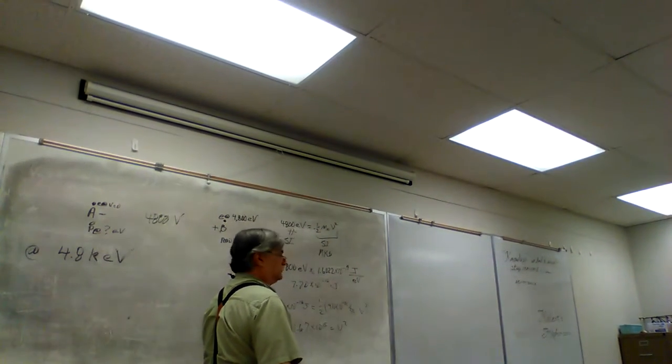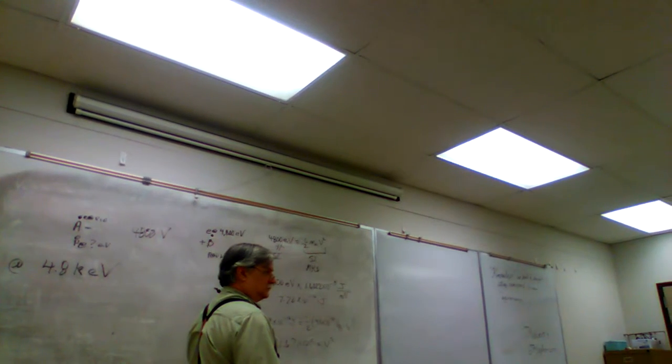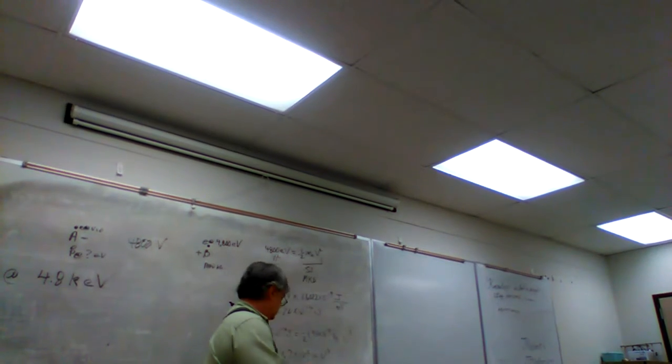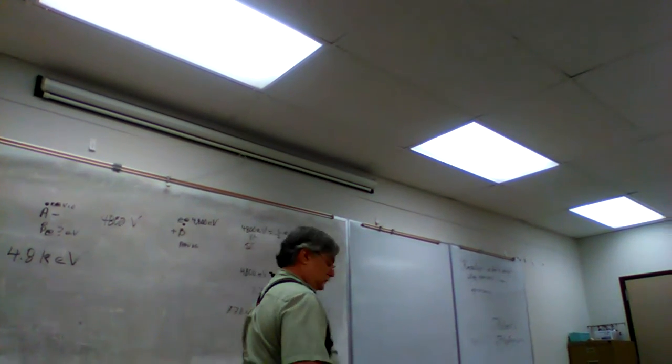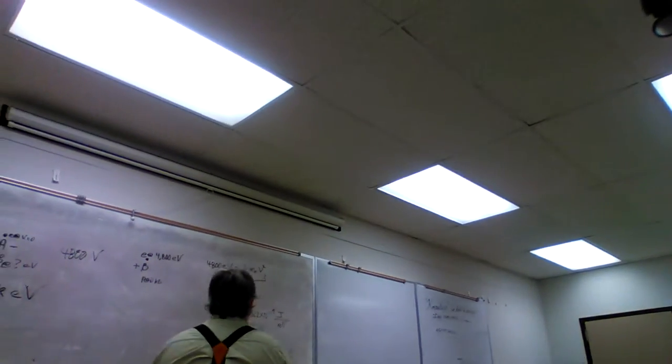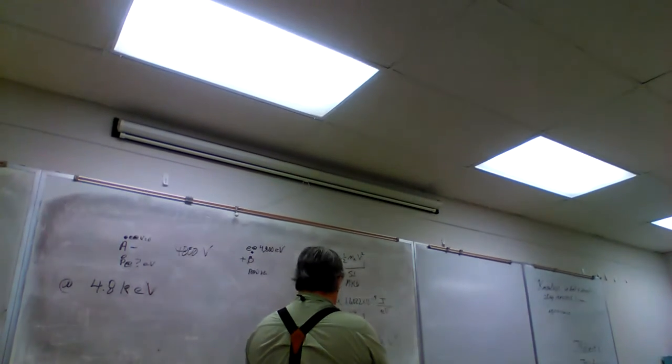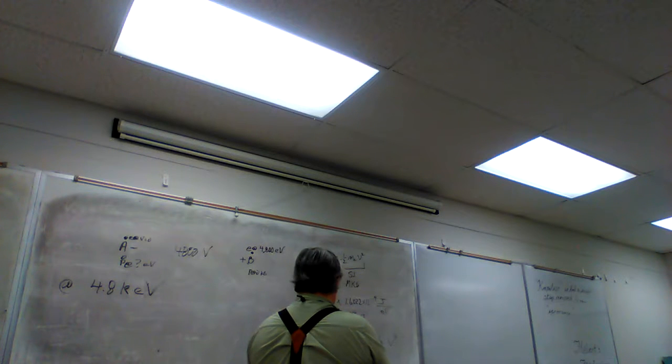V equals the square root of 2 times 7.70 times 10 to the negative 17 over the mass. That's what I did. We've got 7.7 times 10 to the minus 16 times 2 divided by 9.11 times 10 to the minus 31.